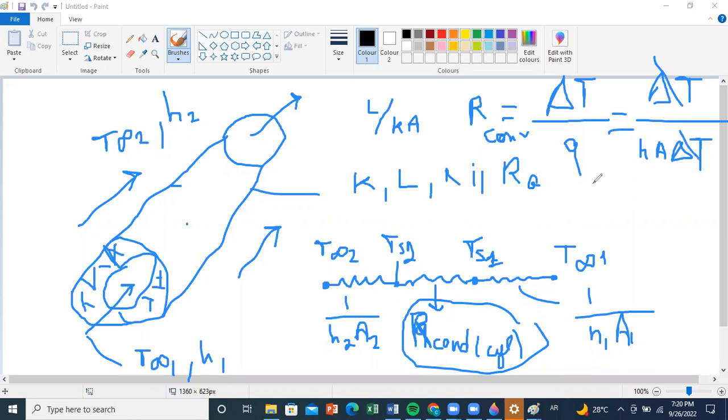This is why R of convection is given by 1 over HA.